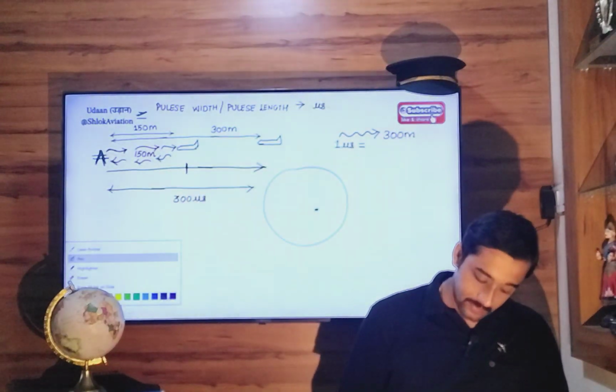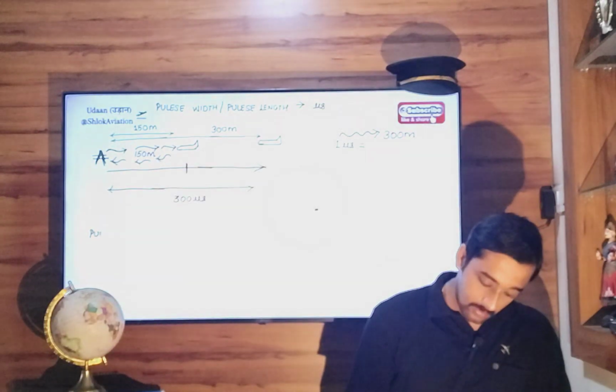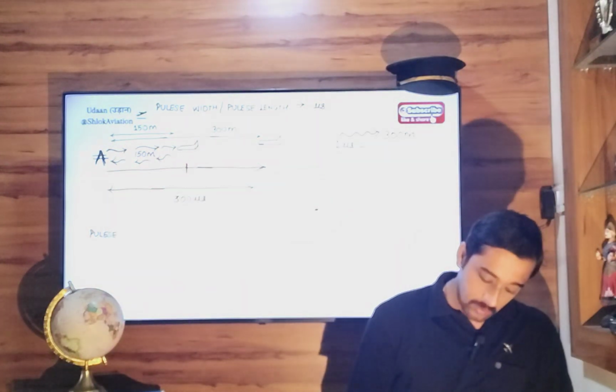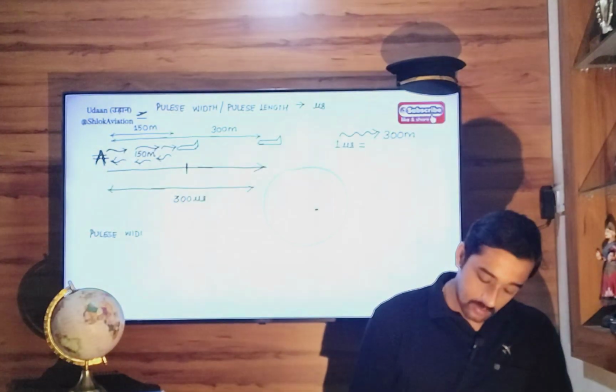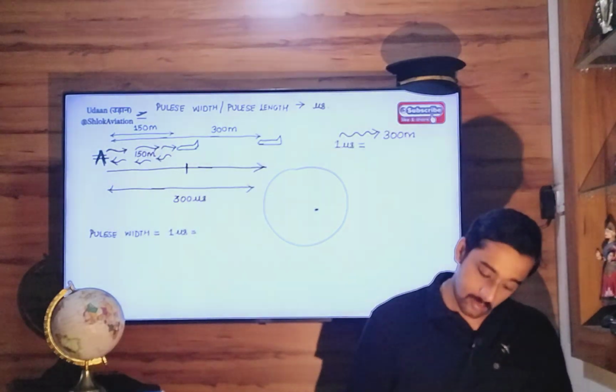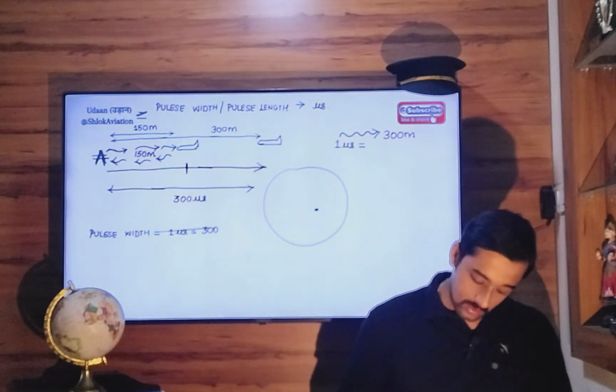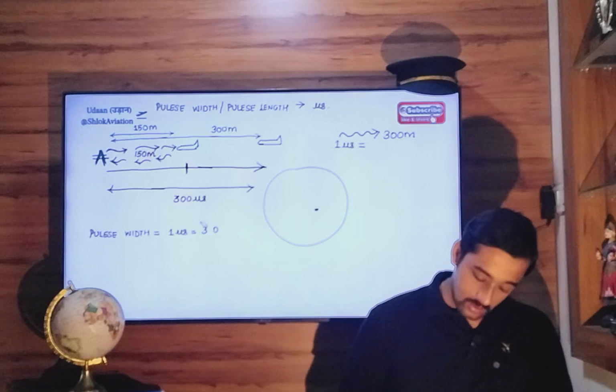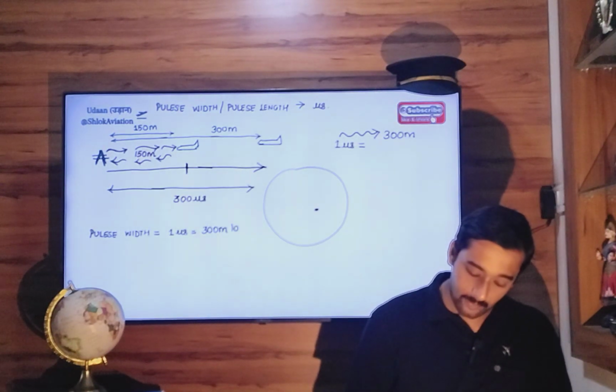So I'm writing it here. Pulse width: 1 microsecond is 300 meter long.